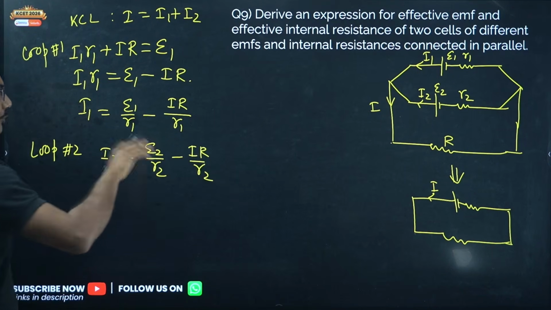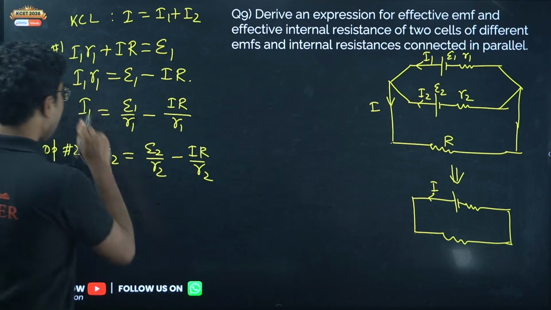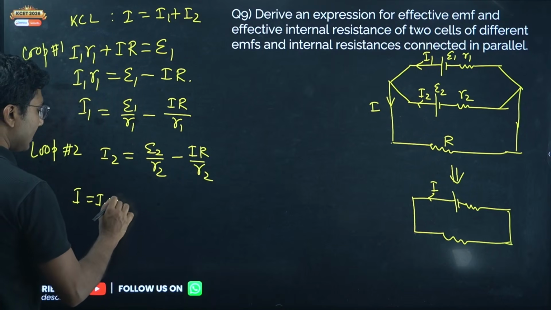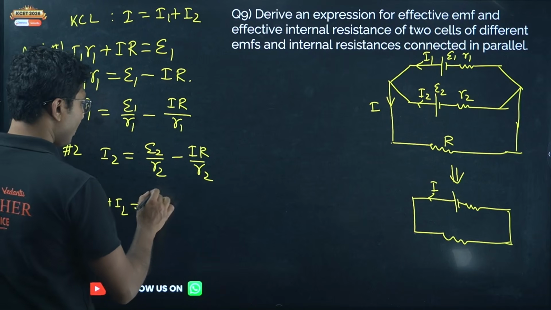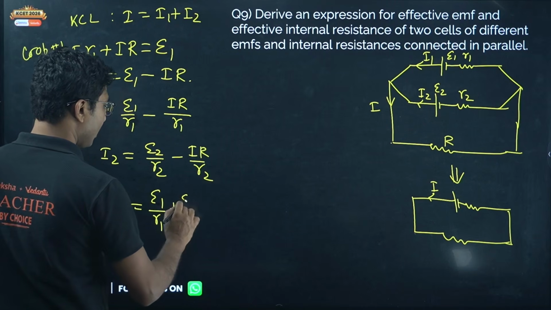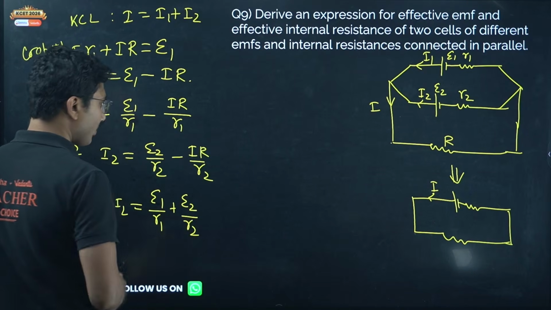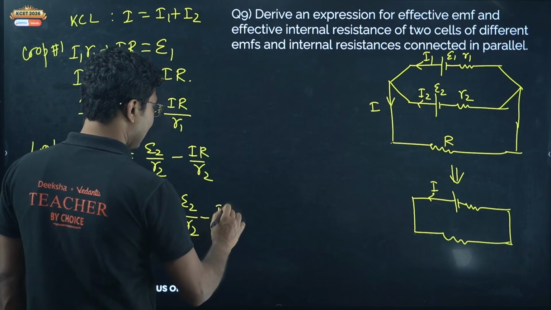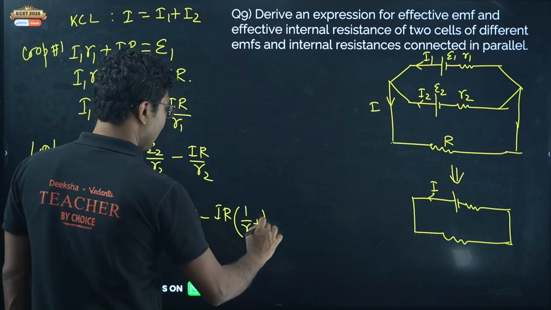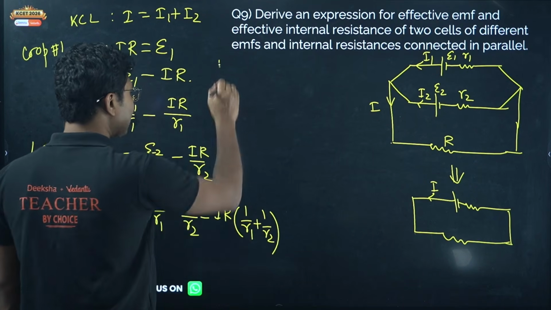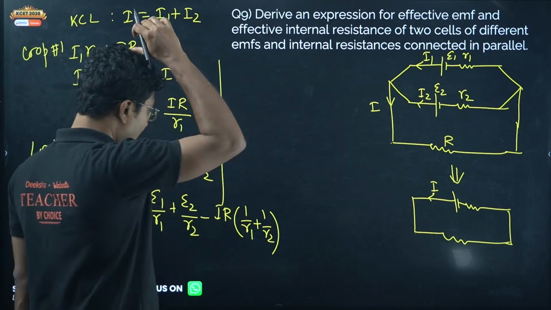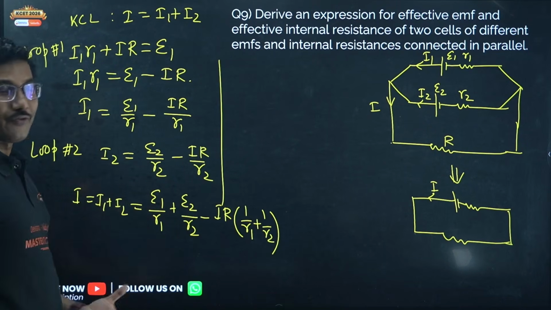Because they are the same, and I1 plus I2 is equal to I, so I equals I1 plus I2, or equals epsilon 1 by R1 plus epsilon 2 by R2 minus IR common, and we get 1 by R1 plus 1 by R2. Now let us rearrange this a little bit. We will try to find IR.